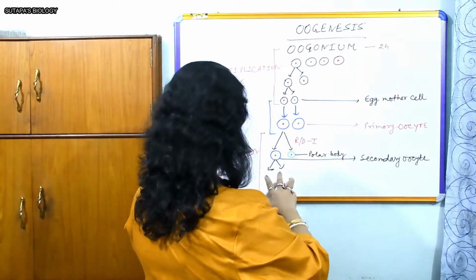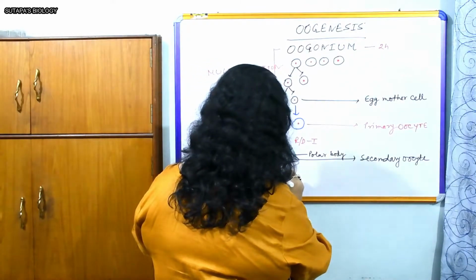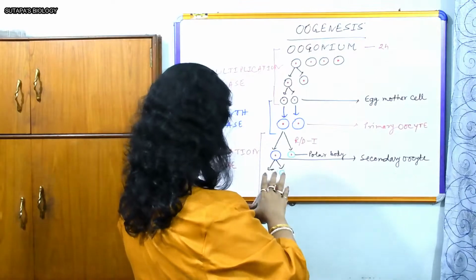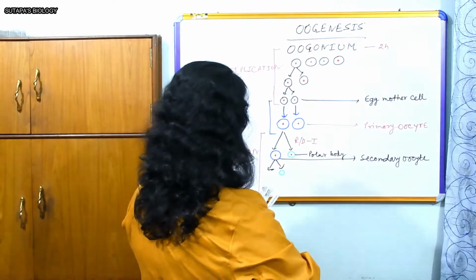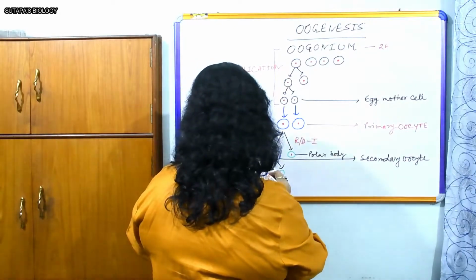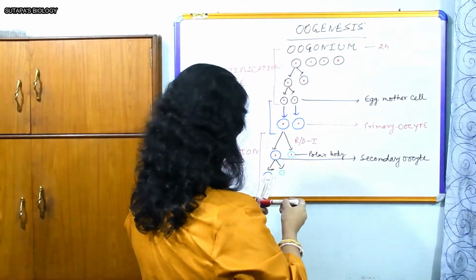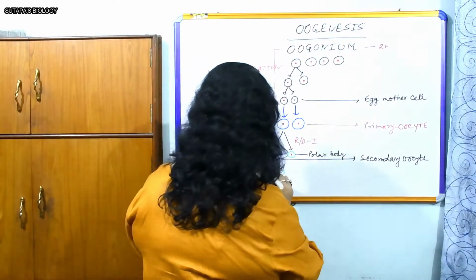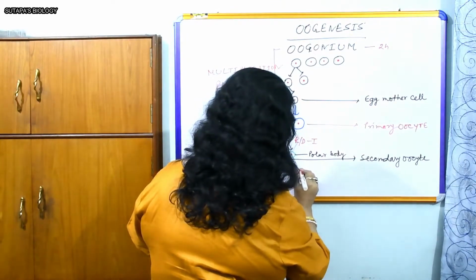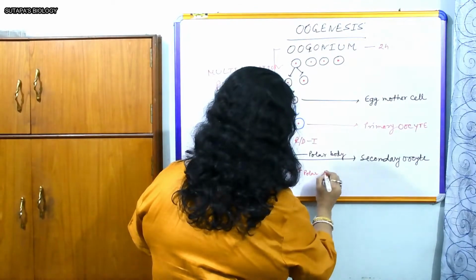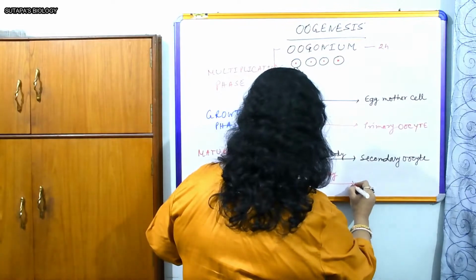It's the third polar body, with the oocyte. Third polar body, and this is oocyte.